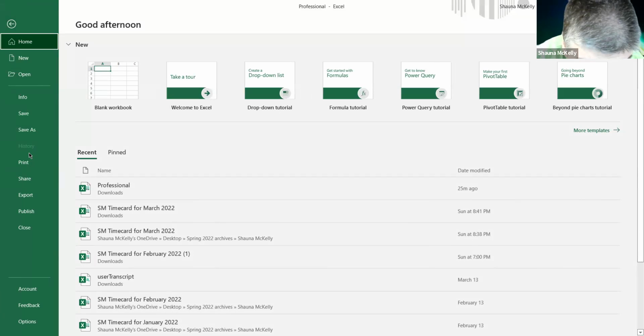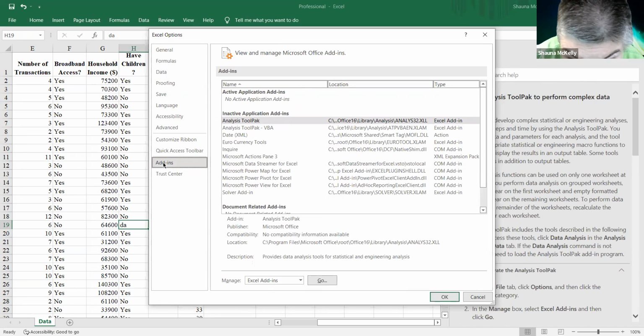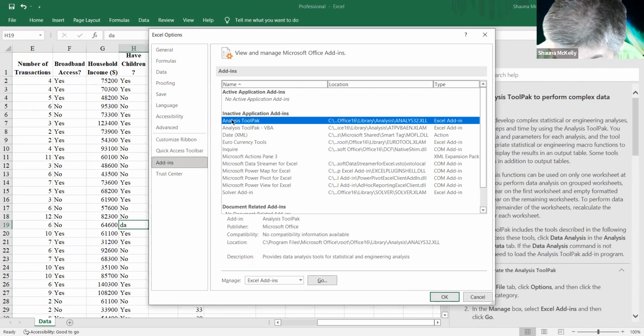Where am I at? File options. And I want add-in. And I want the analysis tool pack, that one. And I want to click OK.